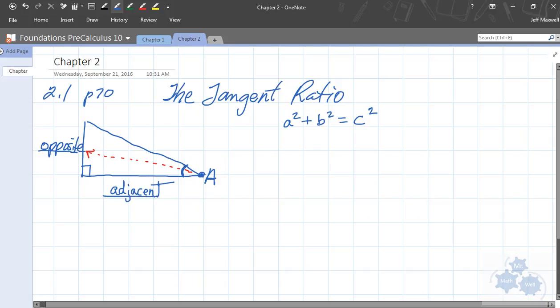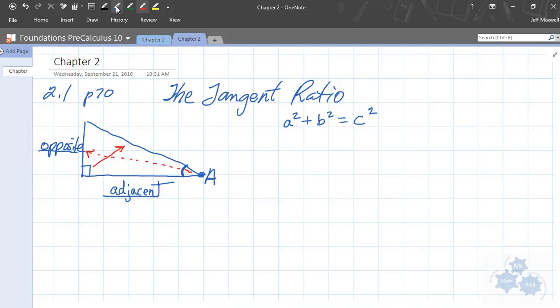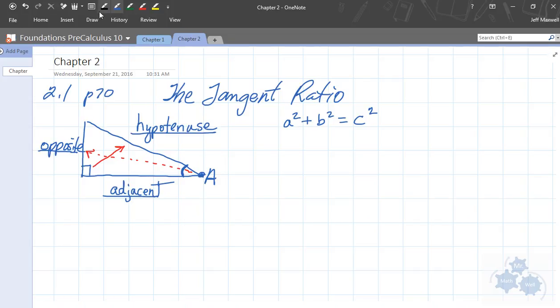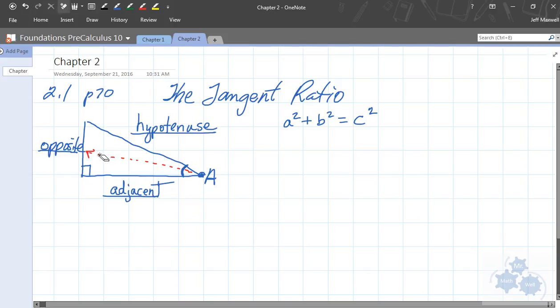This side right here is right next to A as well, but it has a special name because it's opposite the 90-degree angle. It's always the largest side in the right triangle. Do you remember what this one's called? Yes, hypotenuse. Very strange word, isn't it? Hypotenuse.